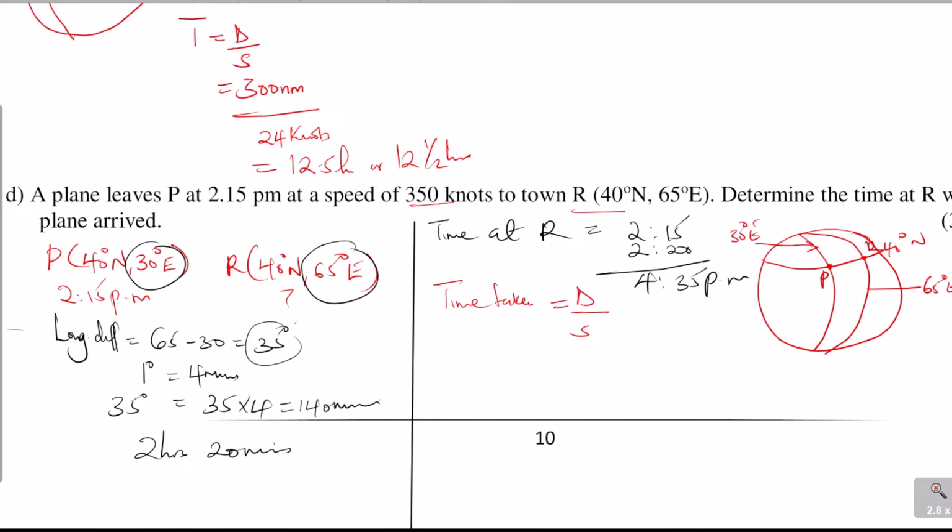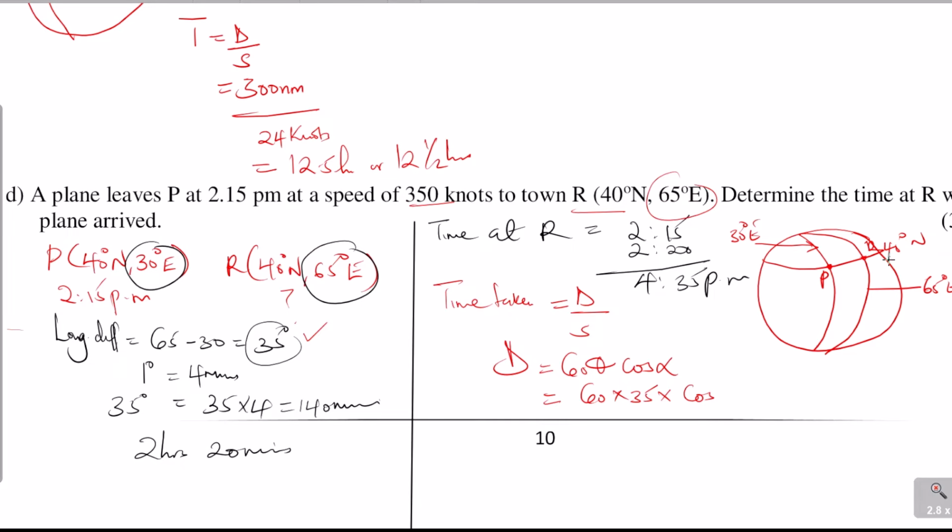So how do you get the distance in nautical miles? The distance along the parallel of latitude is given by 60 theta cosine of alpha. Theta is the longitude difference between these two places. So 65 degrees east, we got it here. The longitude difference is 35. So you multiply by 35, and then by the cosine of the latitude angle.